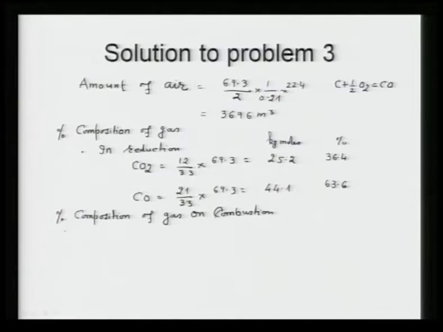The fundamental equation is C plus half O2 plus 3.76 N2 is equal to CO plus 1.88 N2. You can substitute the moles of carbon and accordingly write down the total CO and nitrogen that will be present in the gas. So, CO will be 69.3 and nitrogen will be 130.3, they are in kg moles.